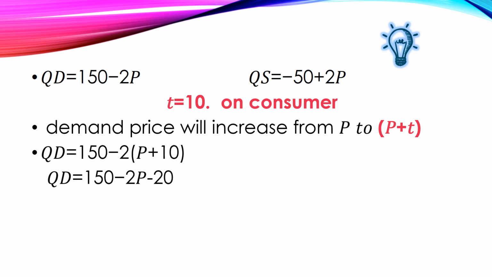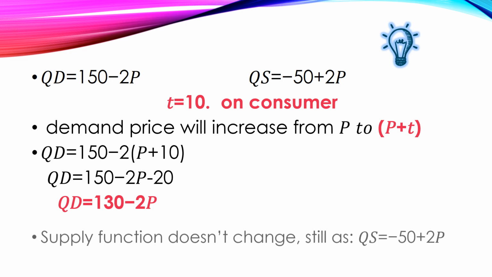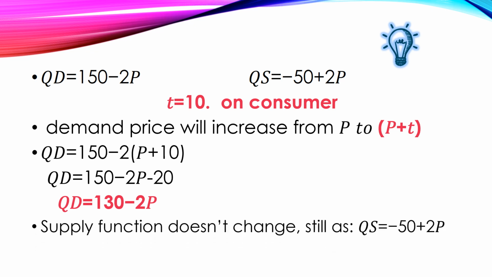So the quantity demand function equals 150 minus 2P minus 20, as 2 multiplied by 10 equals 20. So quantity demanded equals 130 minus 2P. This is the new quantity demand function. The supply function doesn't change. Still, QS equal negative 50 plus 2P.